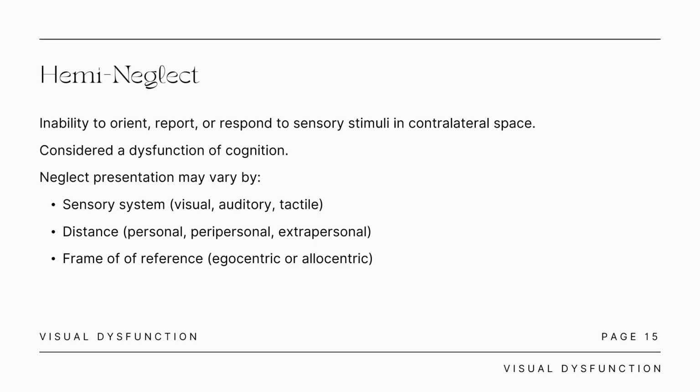Neglect is generally defined as the inability to orient, report, or respond to sensory stimuli in a region of space contralateral to a brain lesion. Because the underlying deficit is one of attention rather than sensation, neglect is considered a dysfunction of cognition. Neglect is a heterogeneous syndrome that can manifest in one or more sensory modalities, distances, and frames of reference.